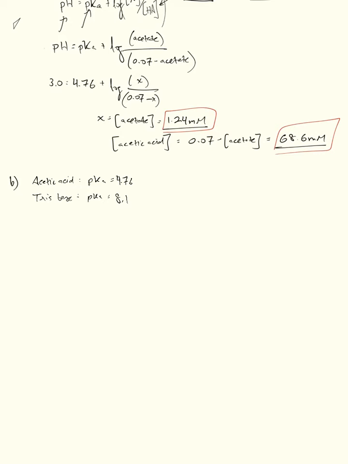What does that tell you about where the protons will go? Well, you know that a higher pKa means a lower Ka, which means it's a weaker acid / better base. That means that this is a better base and this is a better acid. So the protons will be donated this way.